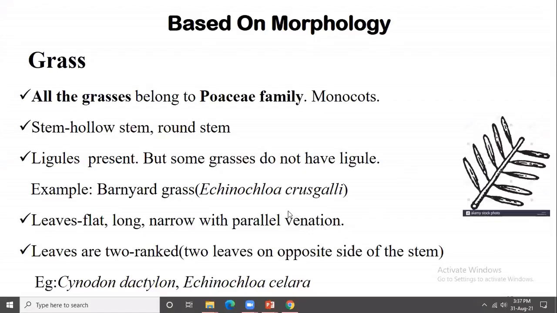You are thinking about coconut leaf or palmyra leaf, but the coconut and palmyra are not weeds. You must know that leaves have two types: one is parallel venation, another is network venation. I will explain that. Leaves are two-ranked. What is two-ranked? Here the plant has two leaves on opposite sides of the stem. Okay.